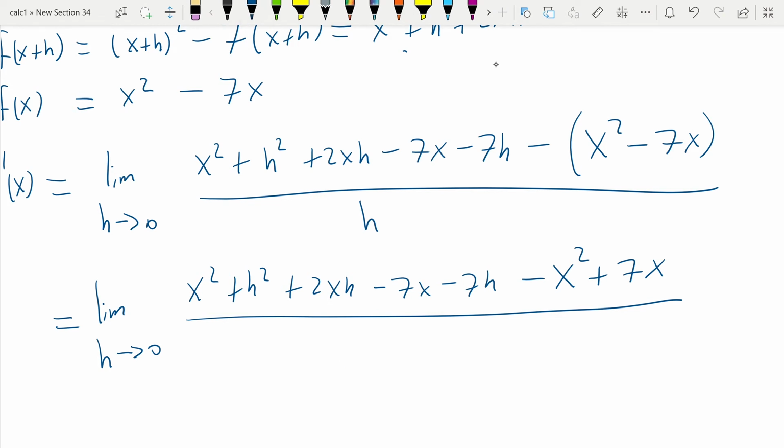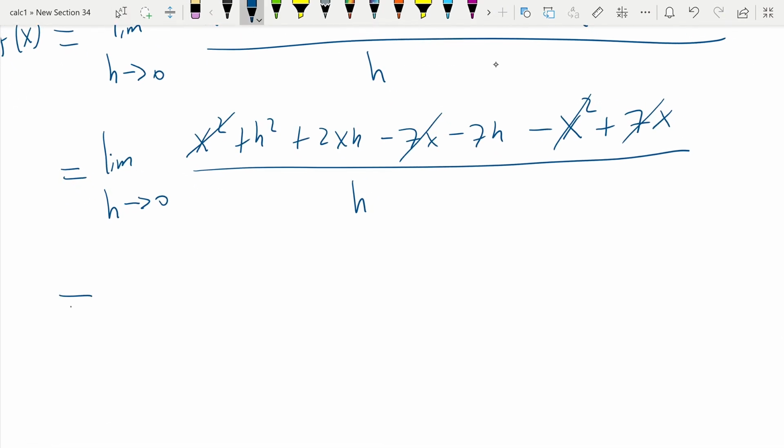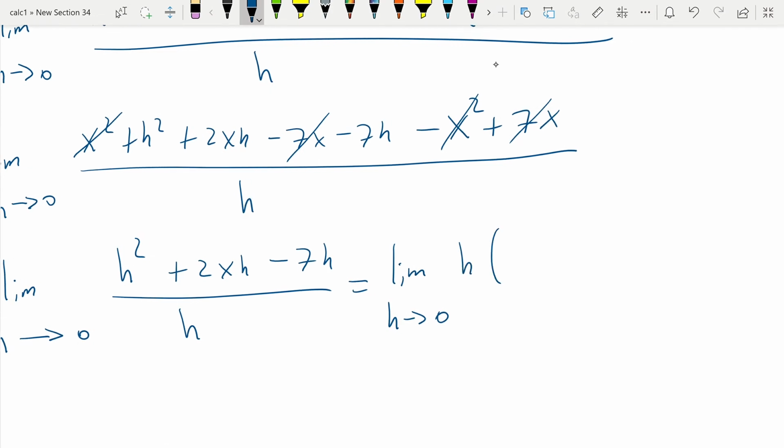We divide all of this by h. We get the cancellations we were supposed to get, so x squared and x squared, 7x and 7x go away, and then we are left with computing the limit as h approaches 0 of h squared plus 2xh minus 7h divided by h, which is equal to the limit when h approaches 0 of h times h, when you bring this inside, becomes h squared, which is the first term that we have here.